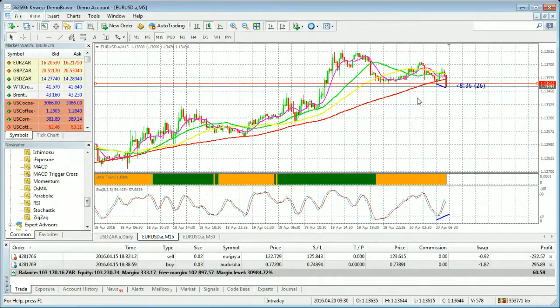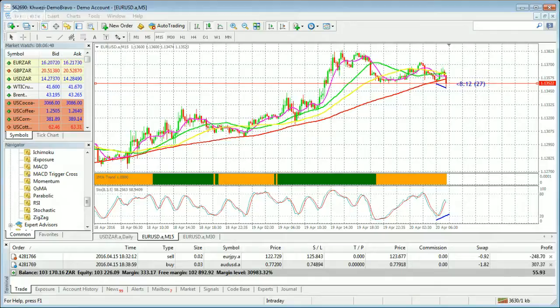So only later in the afternoon would we possibly be looking at entry signals, because what's first got to happen is the trend's got to change before we can enter it. Okay, so we just need to keep our eyes open and wait for the proper signal.